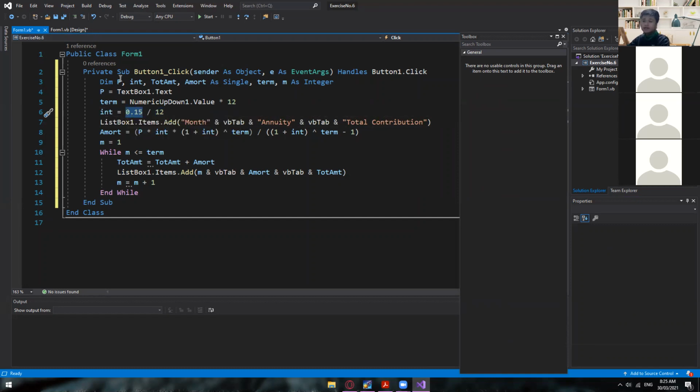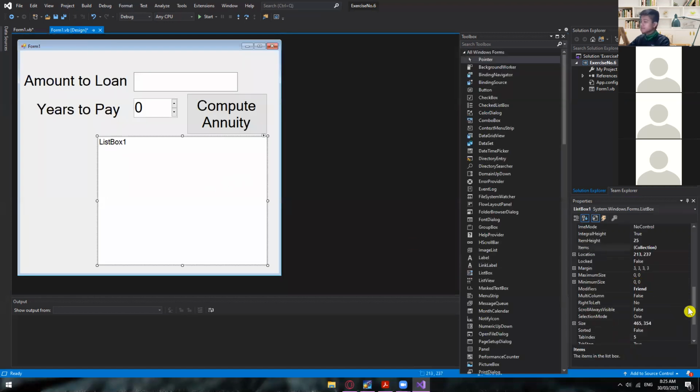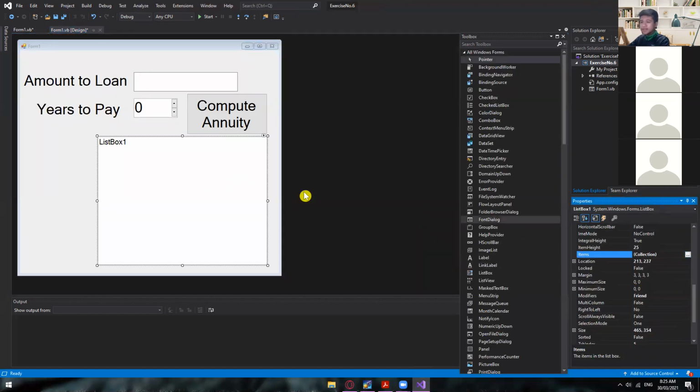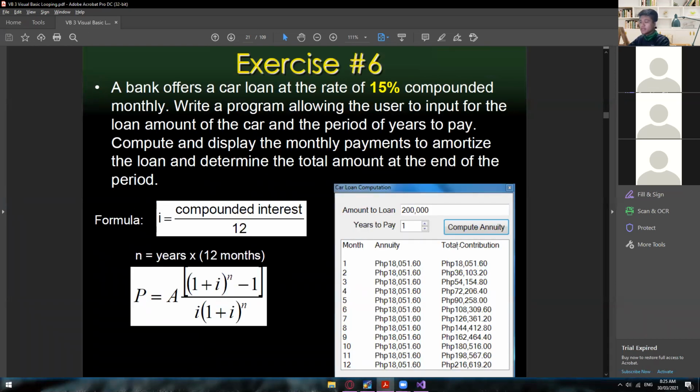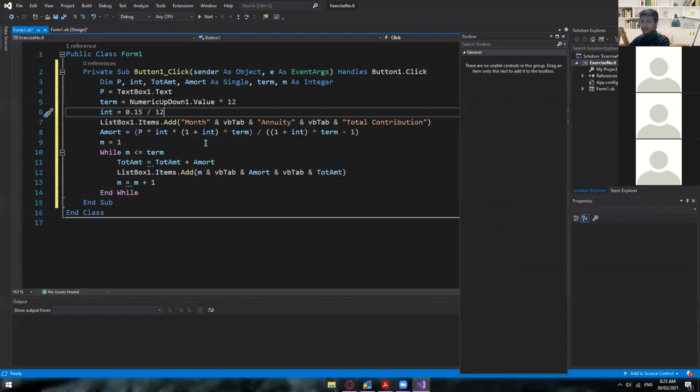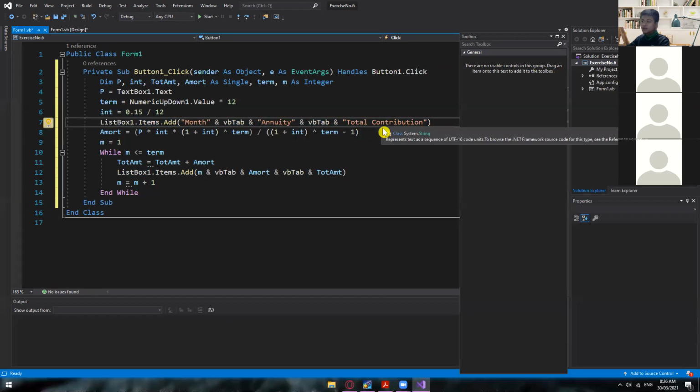But since our calculation will be monthly, you have to divide this 1 by 12. So it's by month. And supposedly, we will add here a name wherein we have month, annuity, and total contribution. But we are not going to do that anymore, since we have already declared or included here the titles for the month, annuity, and total contribution.